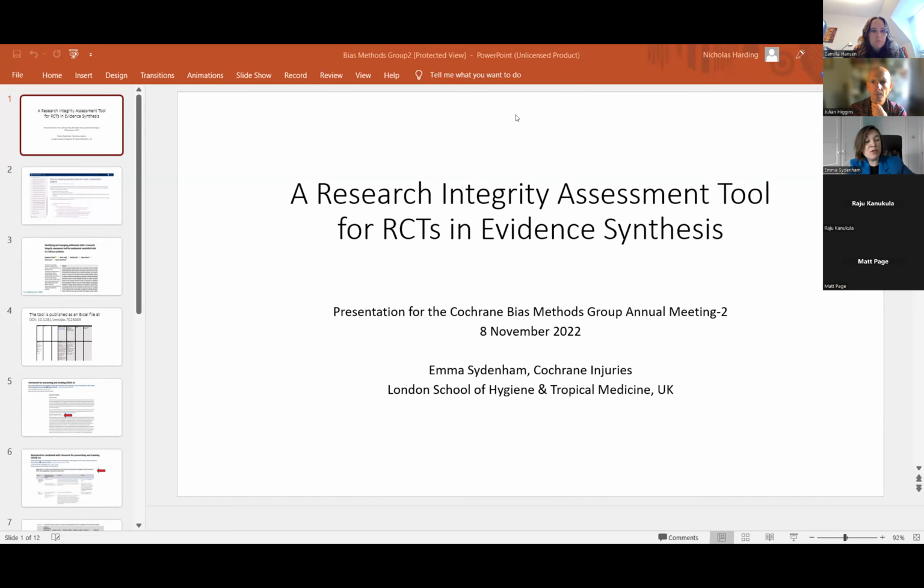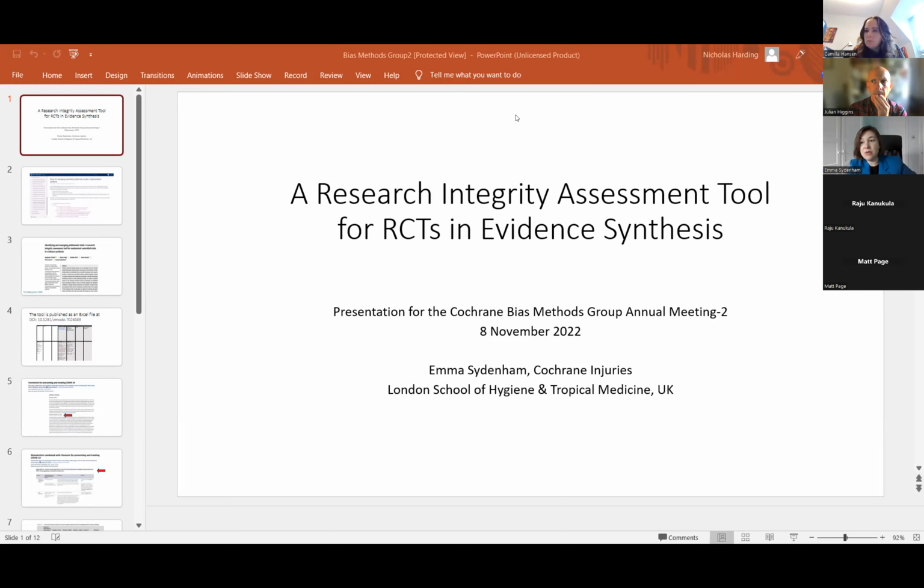The reviews published by Cochrane are the gold standard in evidence synthesis, and the organization's editorial policies reflect the gold standard in regulation. For example, the terms and conditions of RevMan-Web explicitly state that only data from lawfully conducted research should be entered into RevMan-Web.